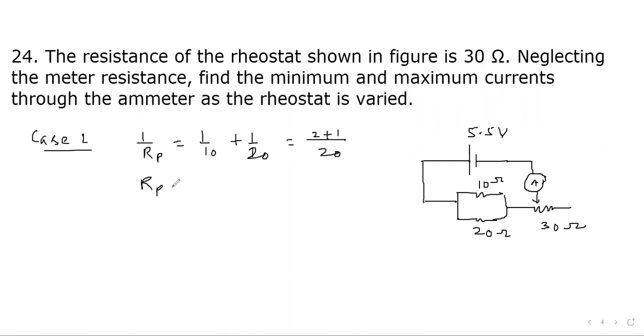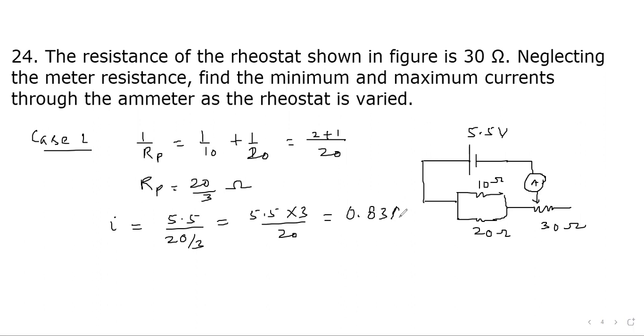So Rp equal to 20 by 3 ohm. Now we can find the current. So I will be equal to 5.5 divided by 20 by 3, that is 5.5 into 3 divided by 20. So this will give 0.83 ampere current.